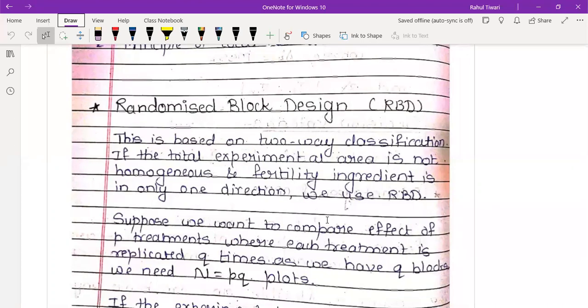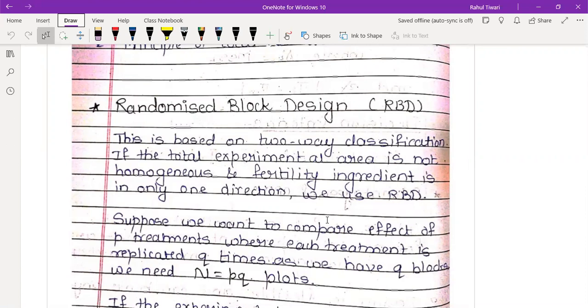It is based on two-way classification if the total experimental area is not homogeneous. So when do you use this randomized block design? When your total experimental area is not homogeneous and fertility gradient is only in one direction.